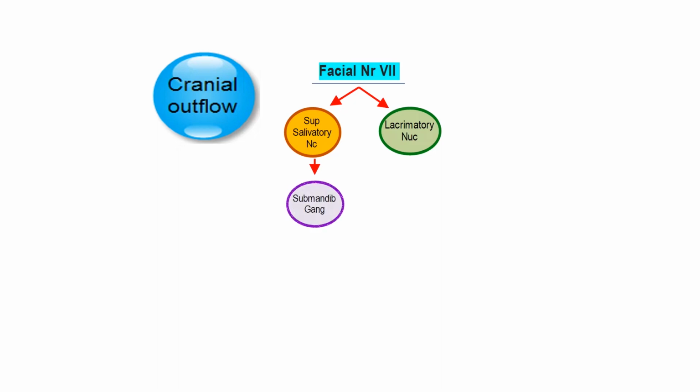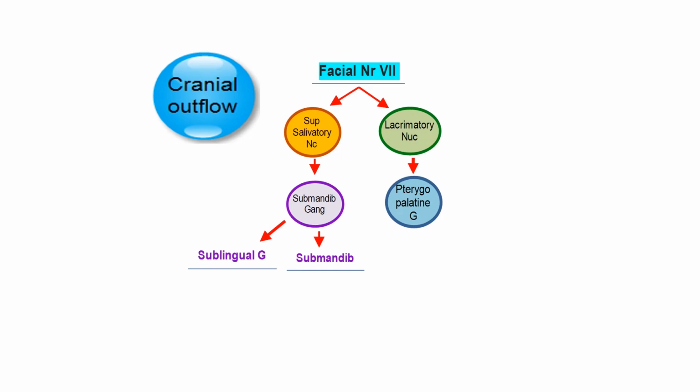The superior salivatory nucleus is going to supply motor fibers to the submandibular ganglion, and the submandibular ganglion will send postganglionic fibers to the sublingual and submandibular salivary glands, while the lacrimatory nucleus is going to send preganglionic fibers to the pterygopalatine ganglion, and this is going to supply the nasal glands and the lacrimal glands.